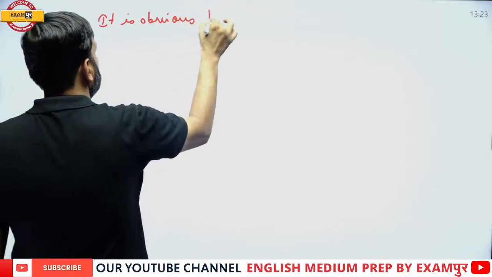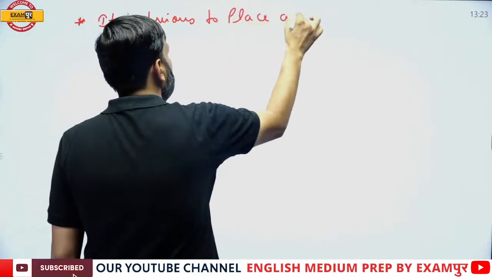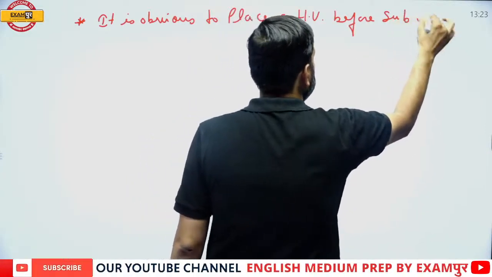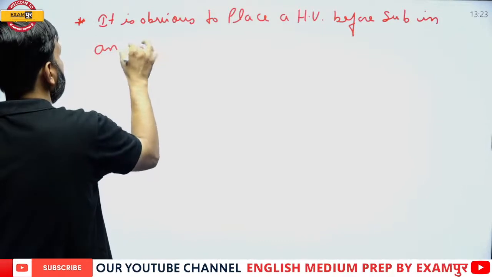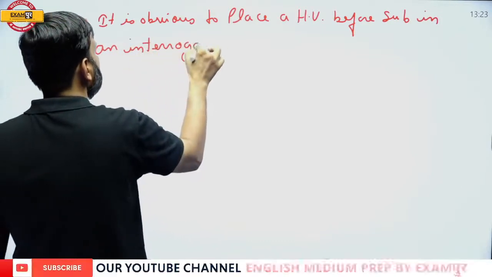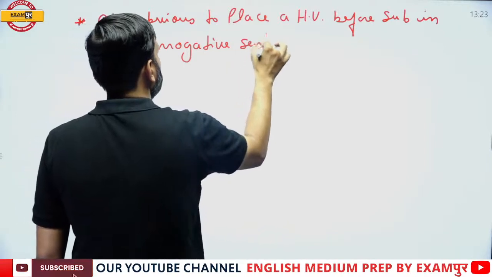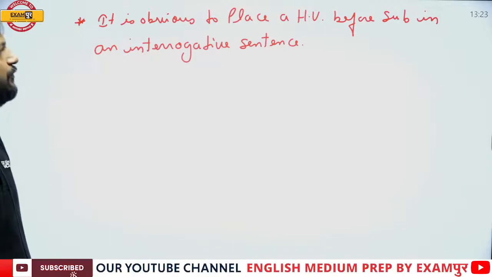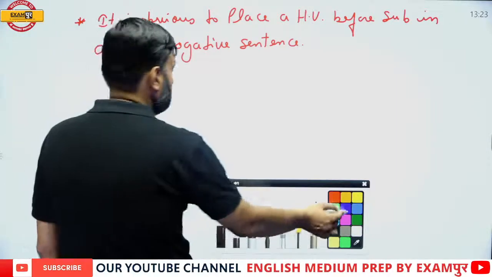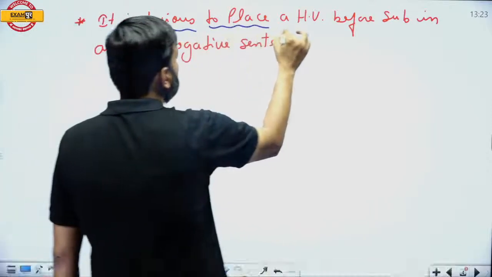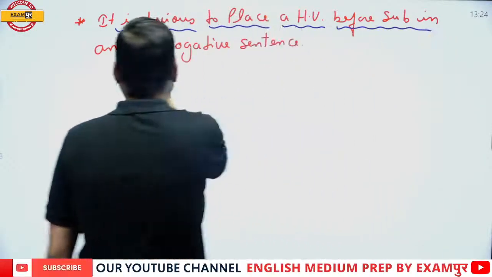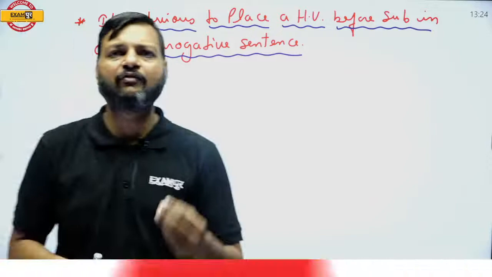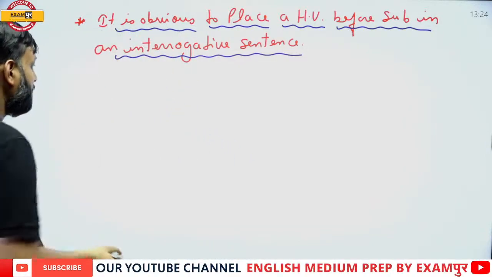It is very obvious to place a helping verb before subject in an interrogative sentence. We always place helping verb before subject in an interrogative sentence.